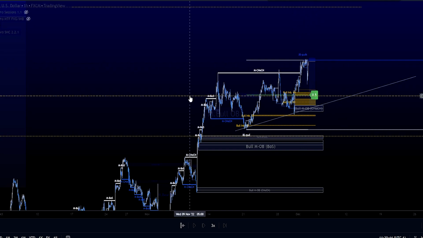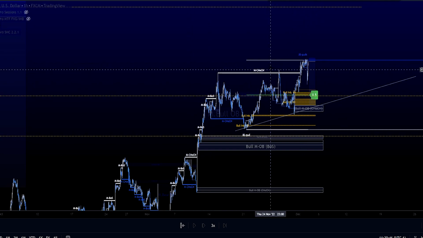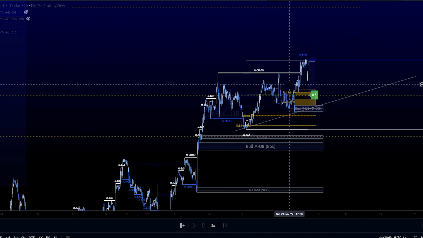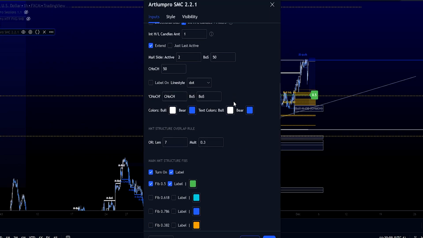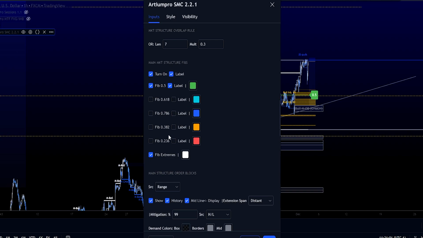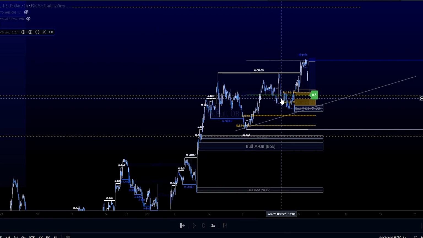If you're not using the 50% line on your fibs for your premium and discount areas, I definitely recommend it. It gives you an overall picture whenever you think of your trades in the premium discount range. I think it's really, really great to have it in your head. Of course, you can use all these other fibs if you want. We got the 23, 38, 78, 61, and the 50. But if you're just going to use one in particular, I definitely recommend the 50%.